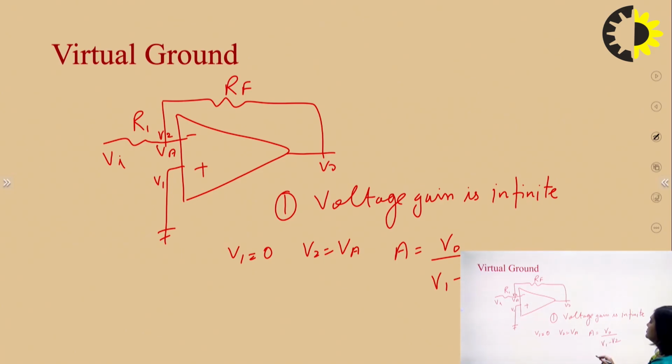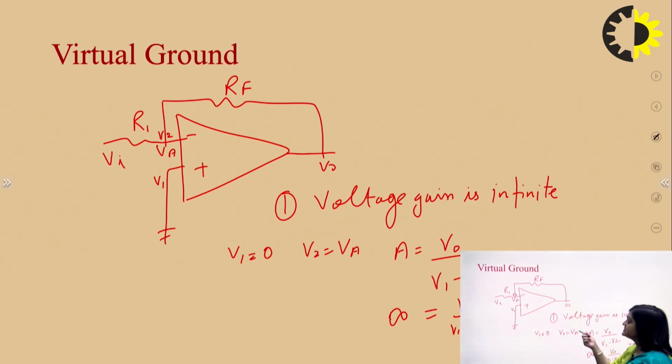Since gain is infinite, V1 minus V2 must be 0. So in that case, V1 must be equal to V2. V1 is 0 and V2 is VA, so VA is equal to 0. That's why the potential at VA point is 0, and this point is called the virtual ground.